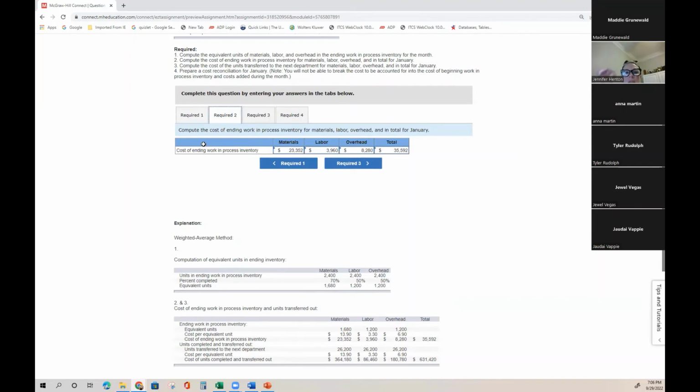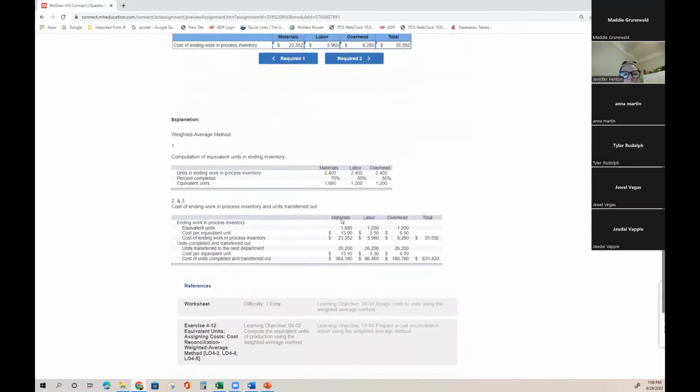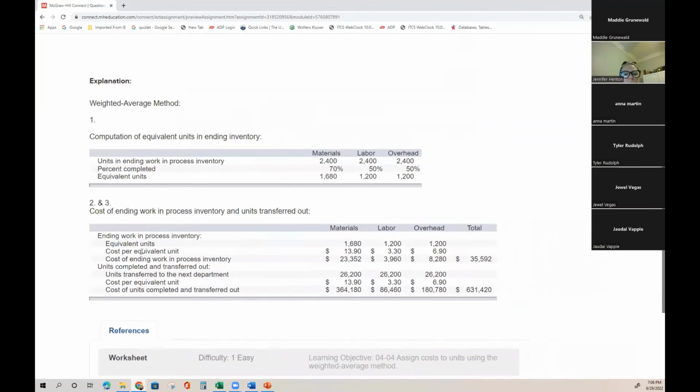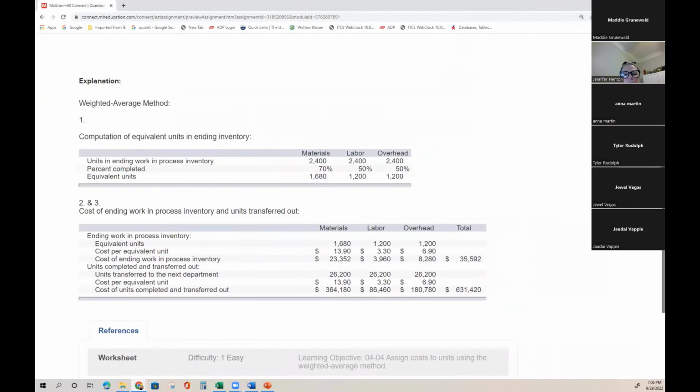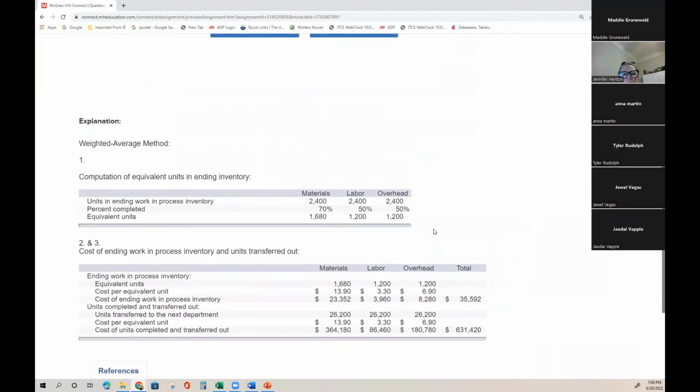And then the second one says compute the cost of ending work in process inventory for materials, labor, and overhead. So now I'm looking at the cost. All right. So we have ending work in process. We have our equivalent units first. We just calculated those. That's where that top number comes from.